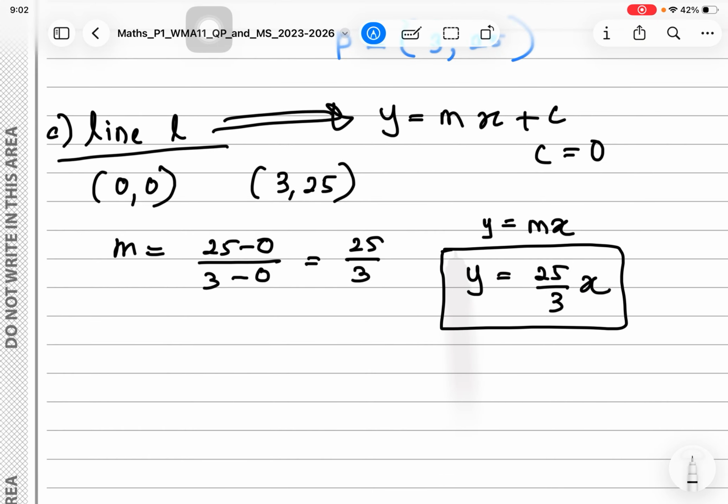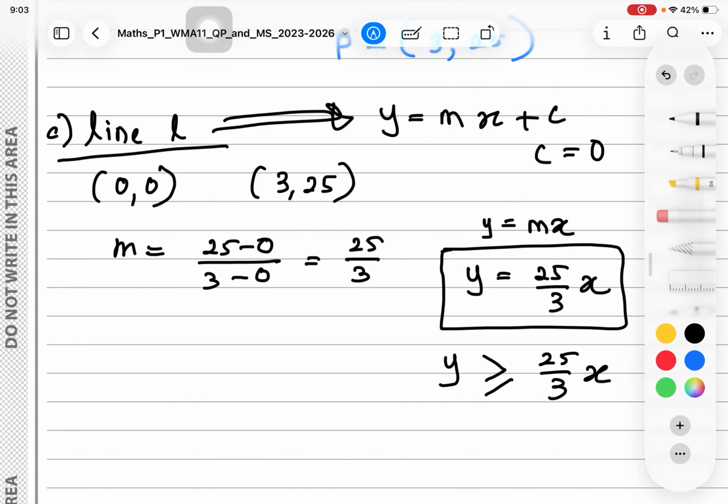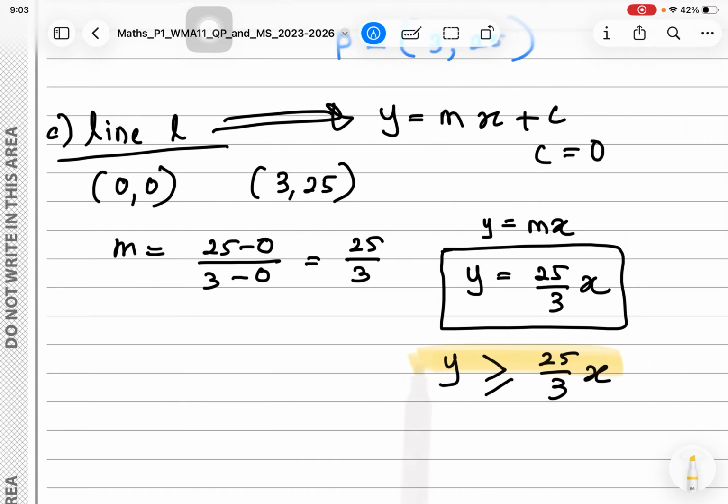We have that line as y. Since the region is going to be the right side of the line, we can say the inequality is y is greater than or equal to 25 divided by 3x. This is the very first inequality that you can find.